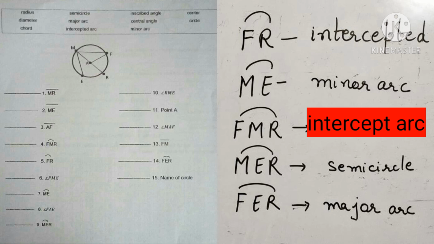For example, in the case of FMR, we can easily see that FMR is an inscribed angle made in the circle. So the arc constituting FMR makes an intercepted arc. Similarly, when we see the case of FR, it is also an intercepted arc.